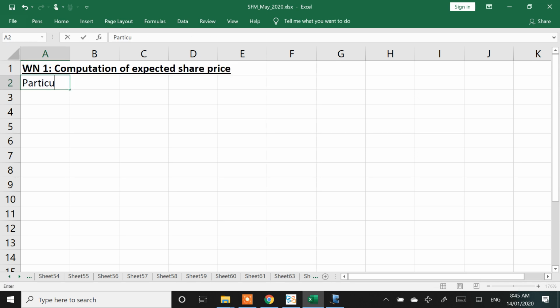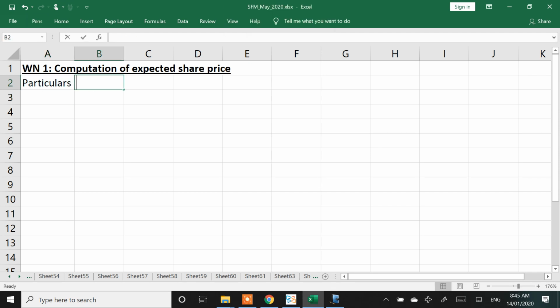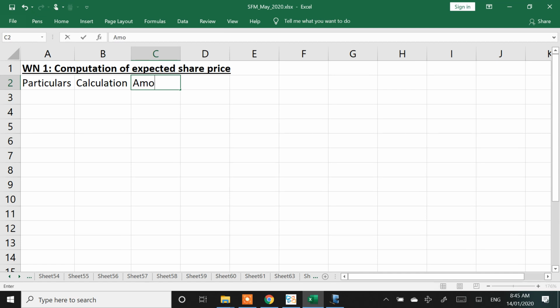Particulars, calculation, amount. Point number 1, existing net worth.